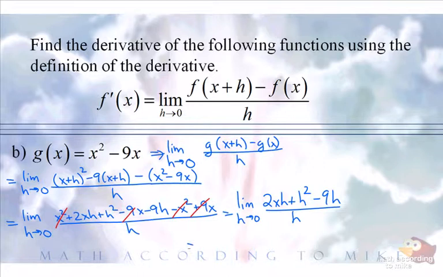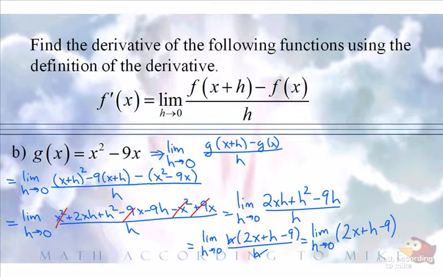So, if we were to factor out an h from the numerator, we would be left with 2x plus h minus 9 all over h. The h on the outside and the h in the denominator cancel. You're left with 2x plus h minus 9 as h goes to 0.